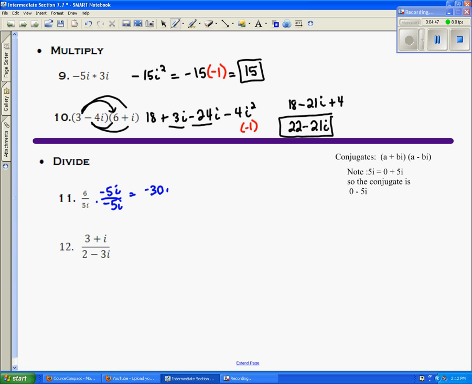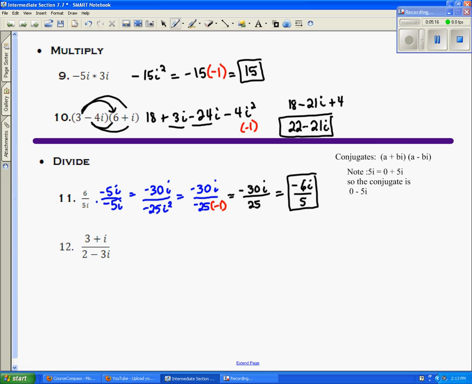Multiply straight across and you get -30i over -25i squared. Well, now we're just continuing. Negative 25i squared becomes our negative 1. So we simplify this and we get negative 30i over 25. Simplify that, that's going to be negative 6i over 5.